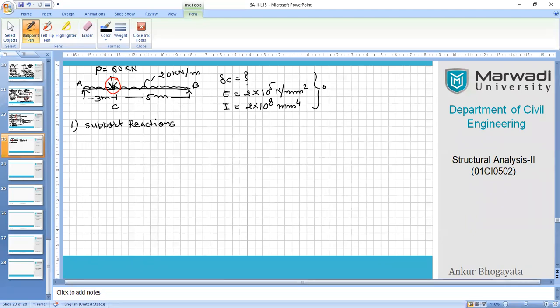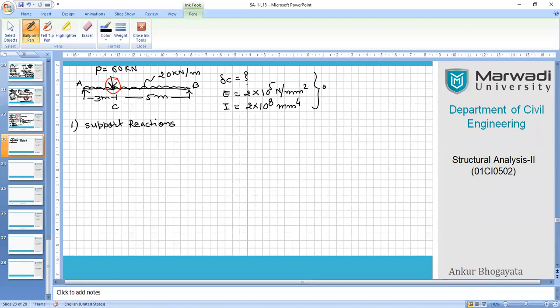But prior to it, we need to calculate reactions at supports, and please be careful that right now, until we start our integration, for us, there is no existence of 60 kilonewton, but instead we have the value of this force as P only, right?